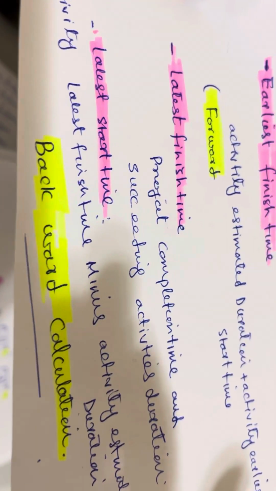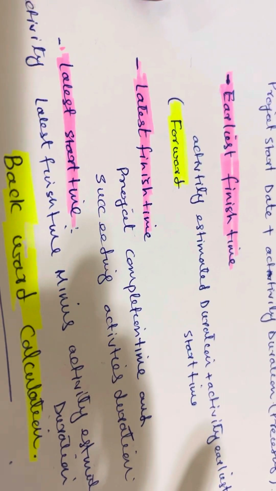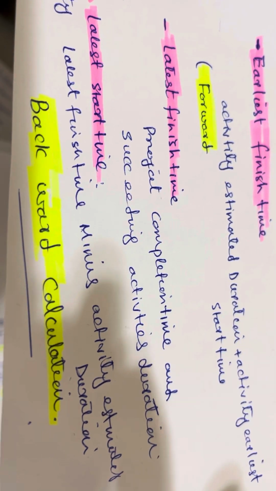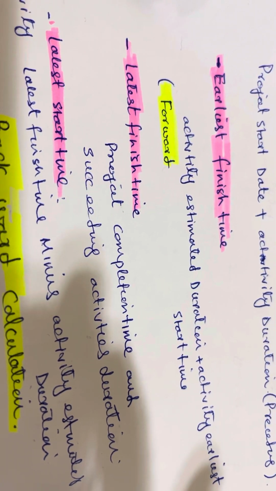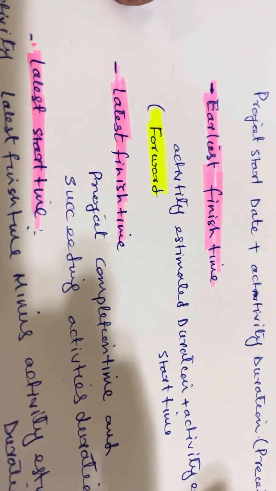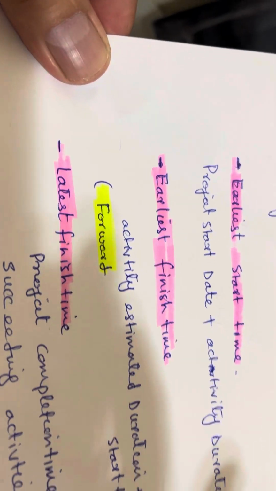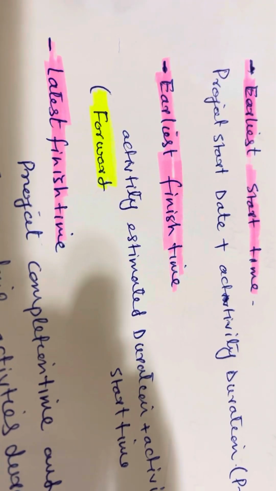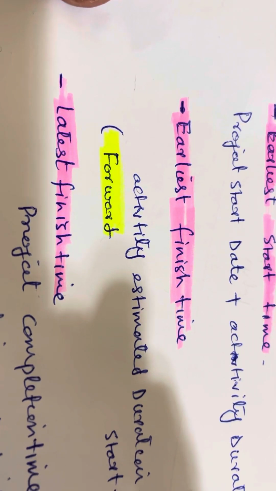There is another one, the latest finish time and latest start time. The project completion and the succeeding activity duration give the latest finish time. Let's say the project is 200 days. We start from the end, 200, and the next succeeding activity.